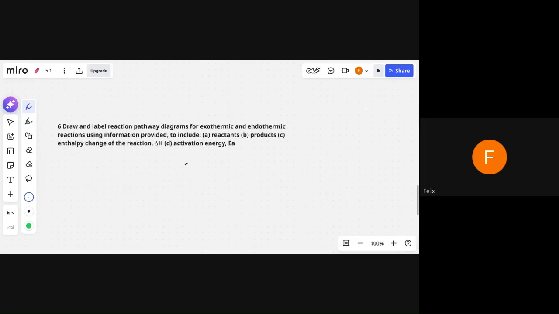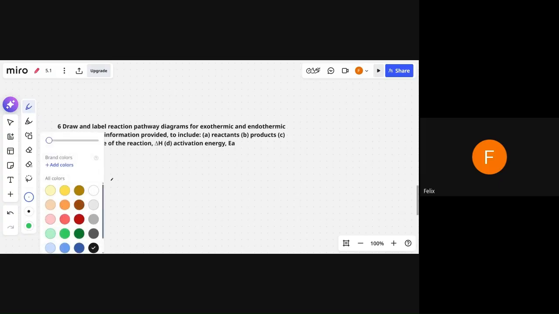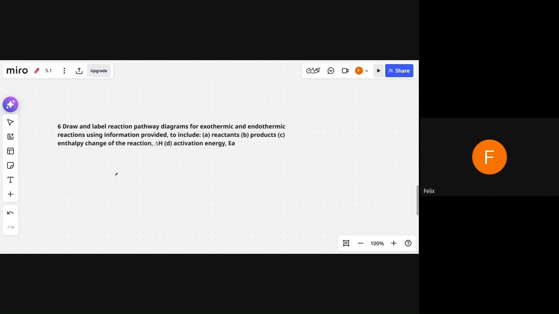Now, this is subtopic 6, which states: draw and label reaction pathway diagrams for exothermic and endothermic reactions using information provided, including reactants, products, enthalpy change of the reaction, and activation energy. This will be explained more effectively when we solve questions from past papers, but let me just explain it to you.